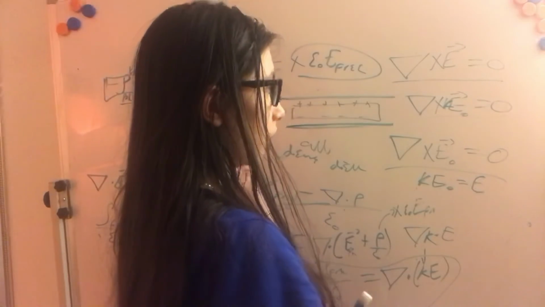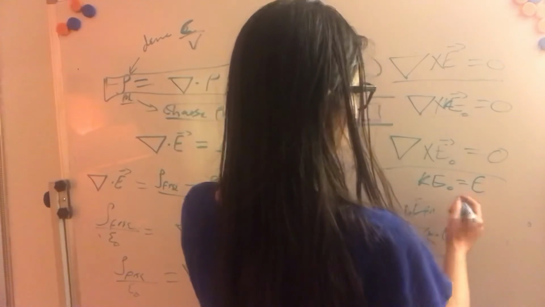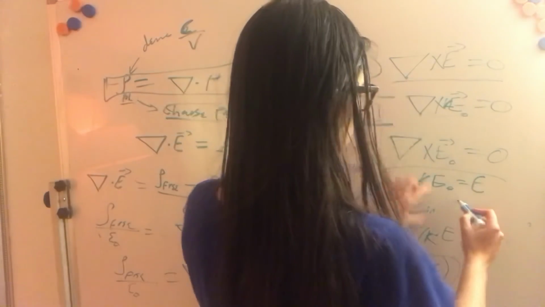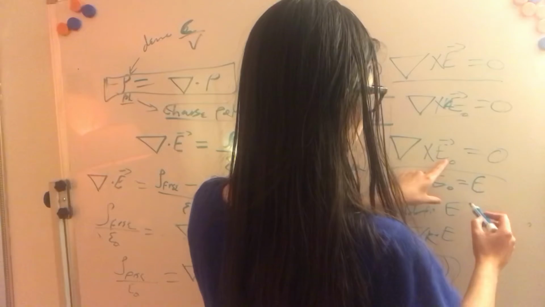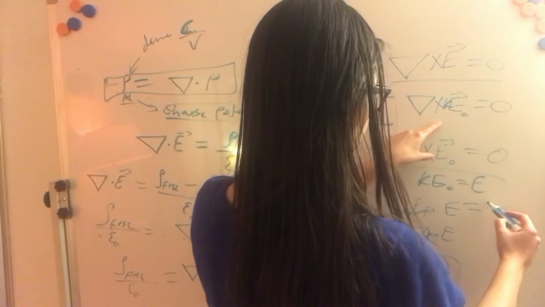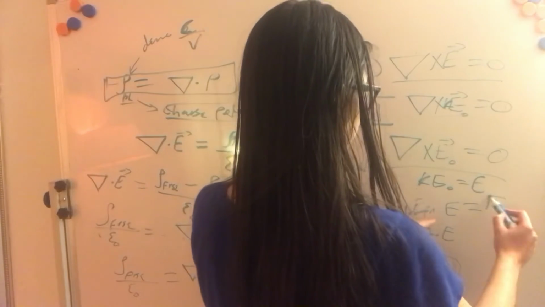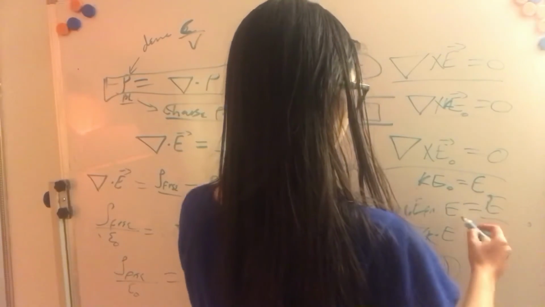Or we can say that the electric field before is equal to the electric field after divided by some constant.